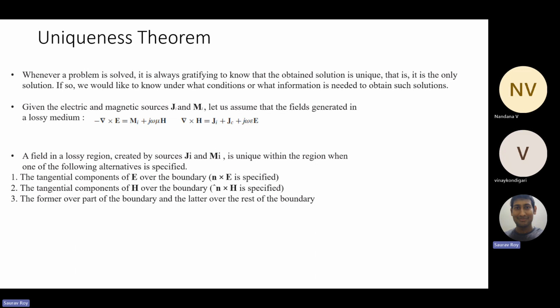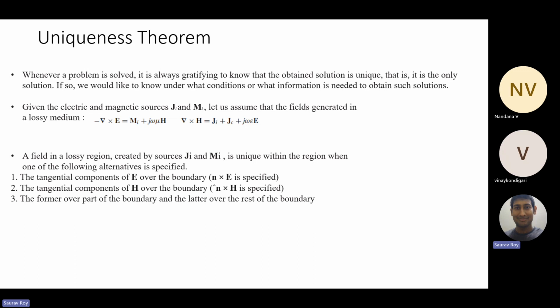Now what the uniqueness theorem says is that a field in a lossy region, now you see it has to be a lossy region, there has to be some loss in the region, created by these sources, current density and magnetic current density, is unique. Why are these sources required?